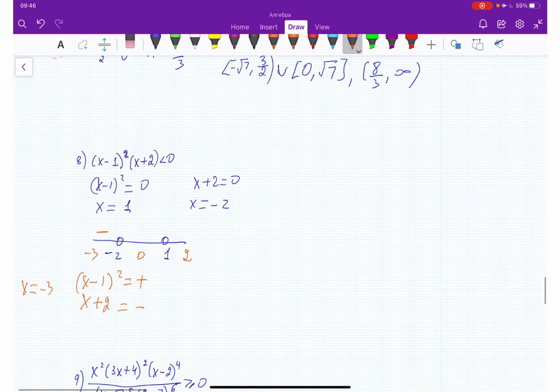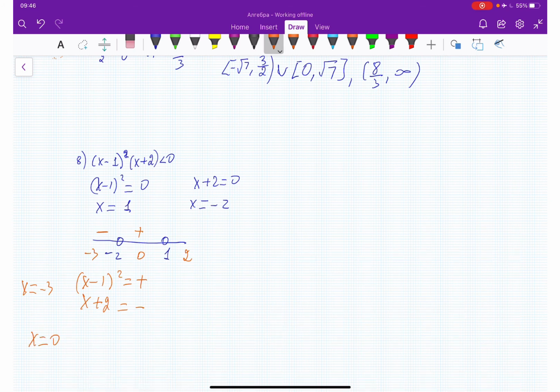Now taking 0, the first one is positive. So it's going to be positive. If we take 0, it's going to be 0 minus 1 squared times 0 plus 2. It's going to be positive.